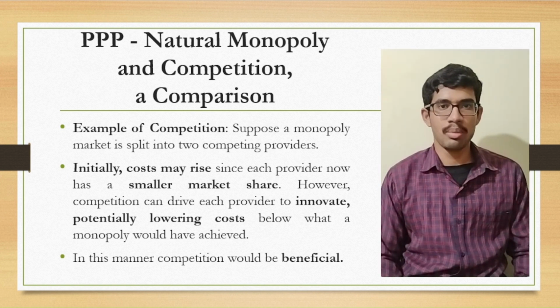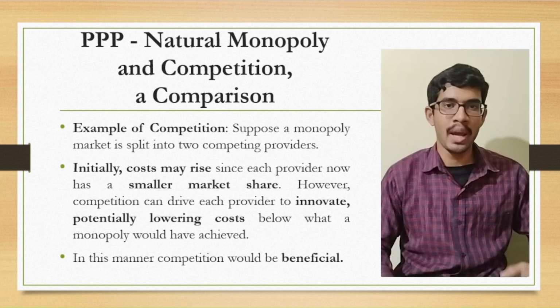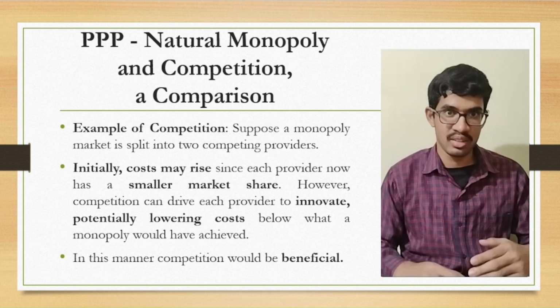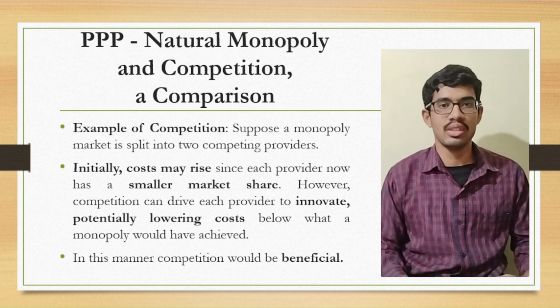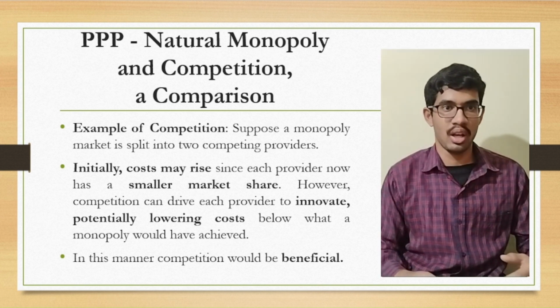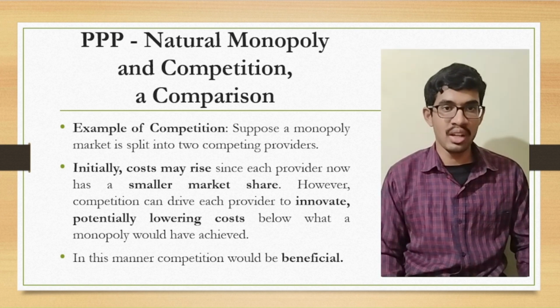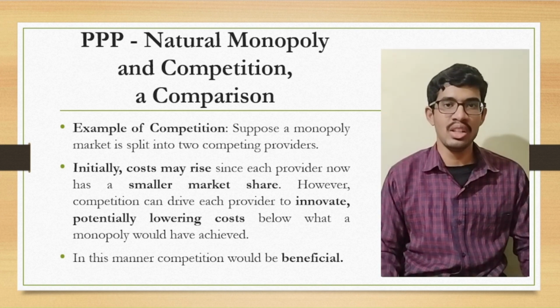Okay, that is understandable because we know the costs in competition will not be the same as in monopoly initially. So it will be high. But eventually, after a certain number of years, let's suppose 3 years or 4 years, the private competitors will compete in that particular domain and make sure that they bring down the prices and they win in the market.